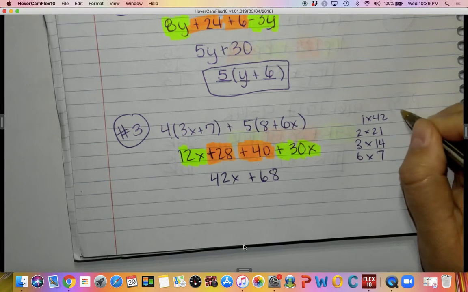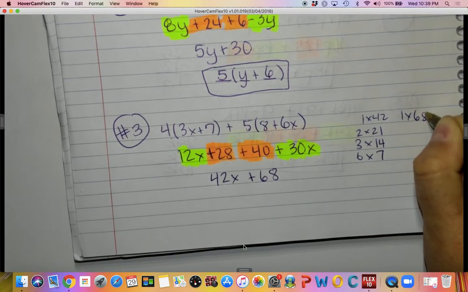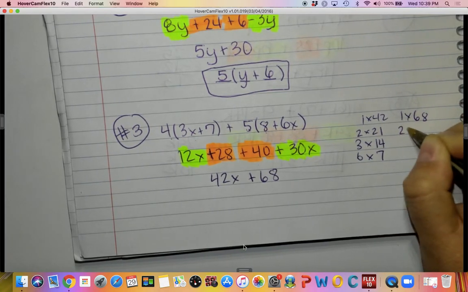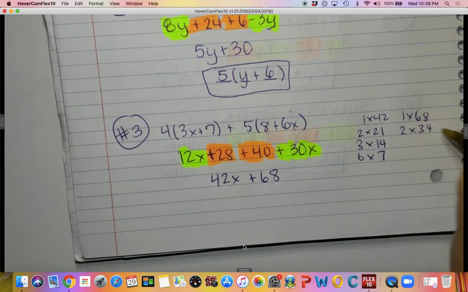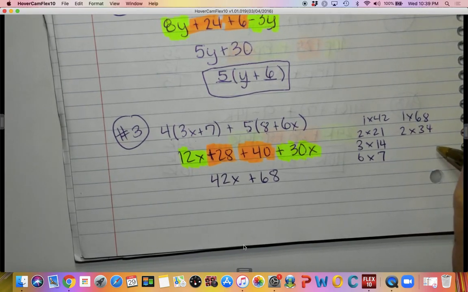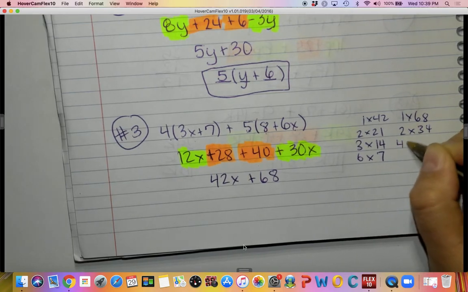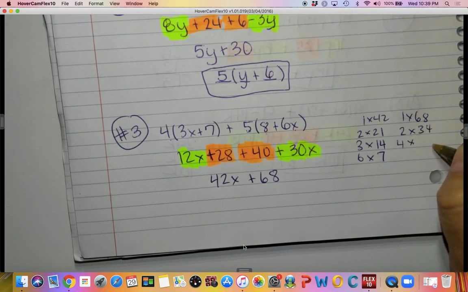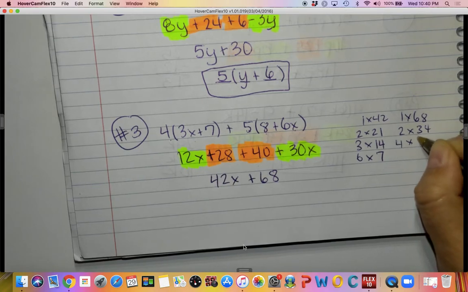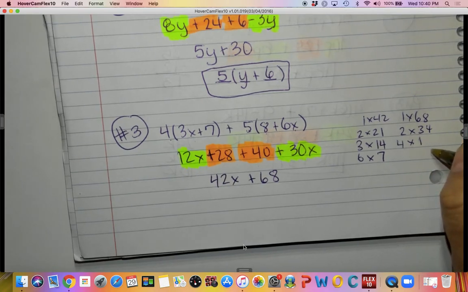And then 68 is 1 times 68, 2 times 34, not 3, 4 times 17.